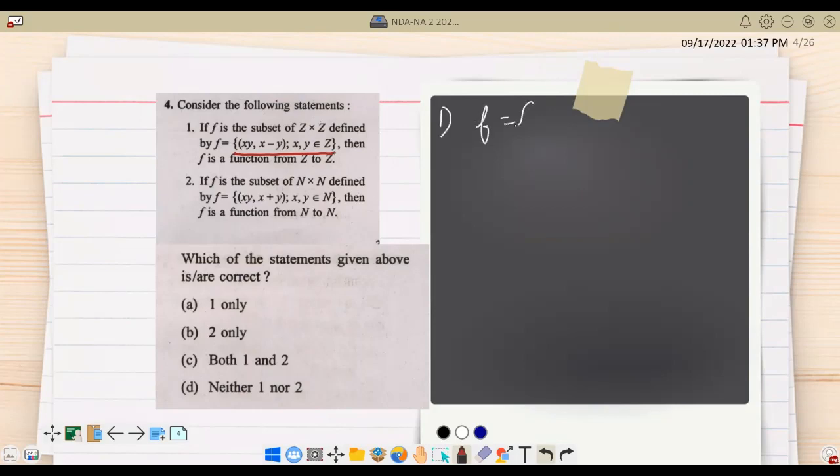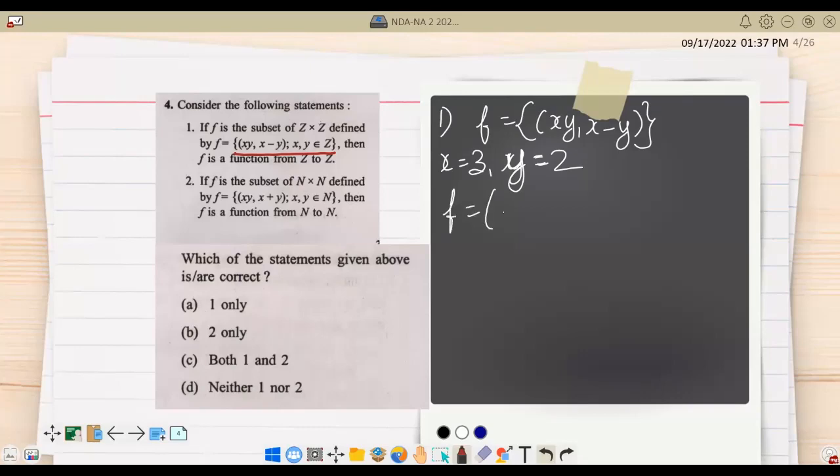So first we'll give some random values and check the function. I'll take x equal to 3 and y equal to 2. The function f becomes 6 comma 3 minus 2, it is 1.